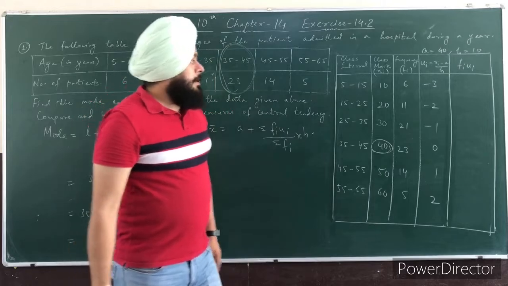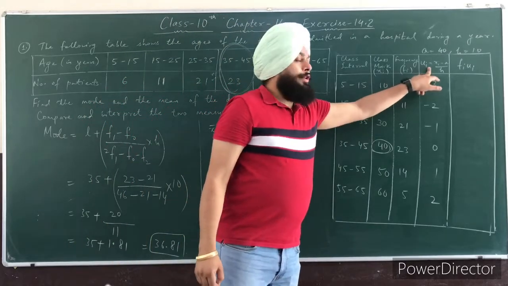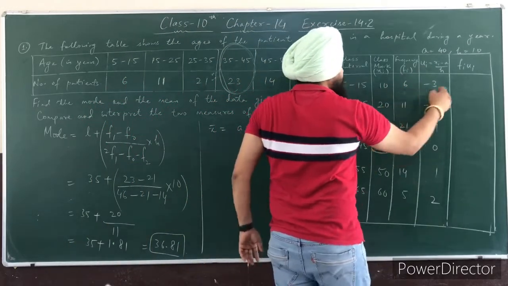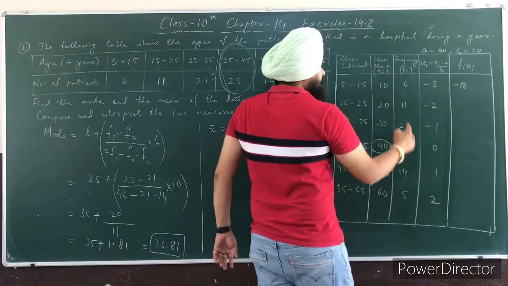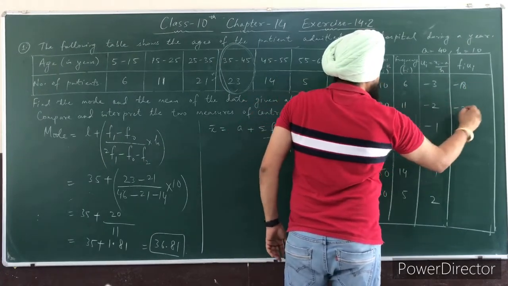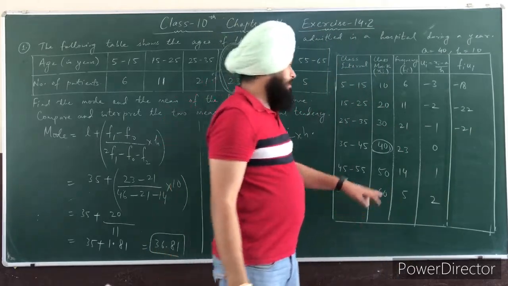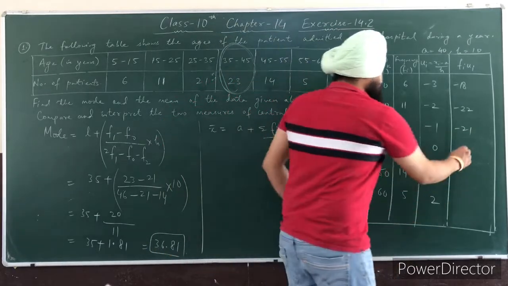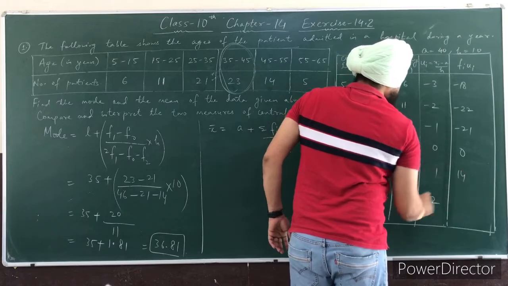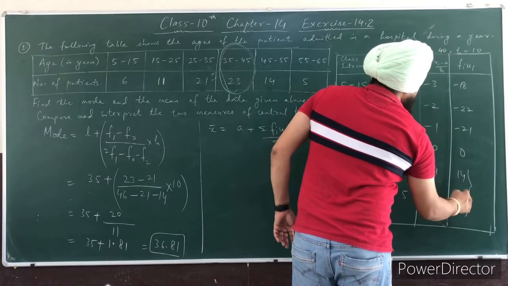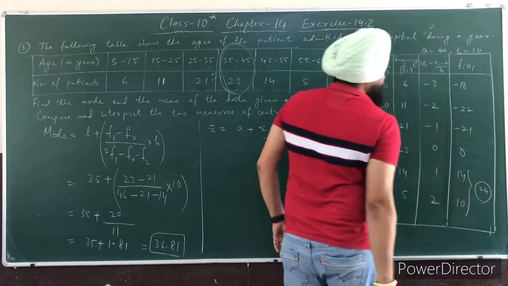Now find the product of fi and ui. First is 6 into minus 3, minus 18. 11 into minus 2 is minus 22. 21 into minus 1, minus 21. 23 into 0 is 0. 14 ones are 14. 5 twos are 10. Now 14 plus 10 is 24.